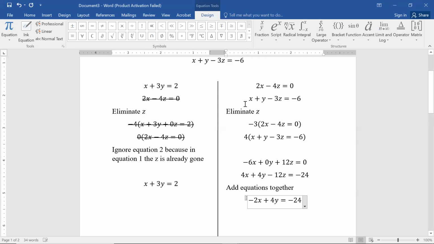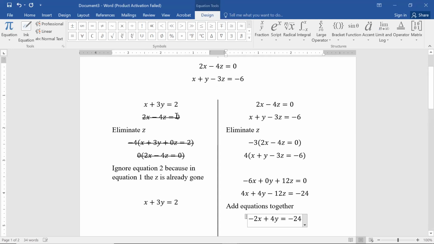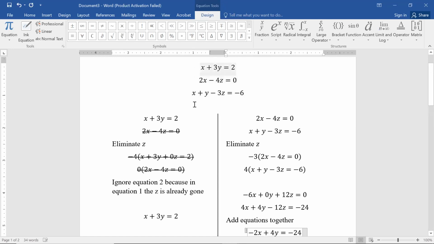So the whole thing here is that when you pick a pair of equations, and one of them already has the variable you want to eliminate eliminated, you can just ignore the other equation.